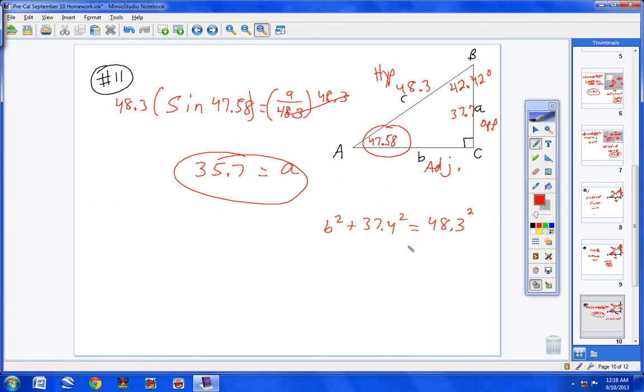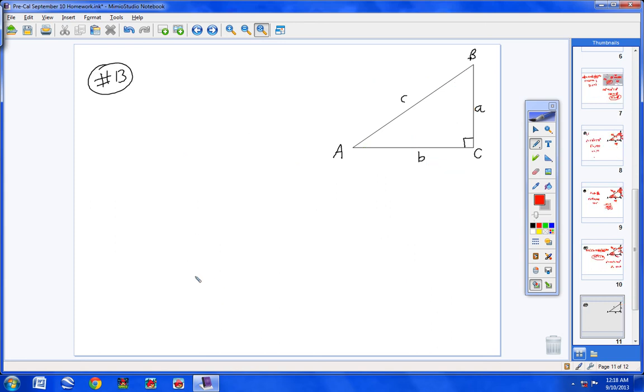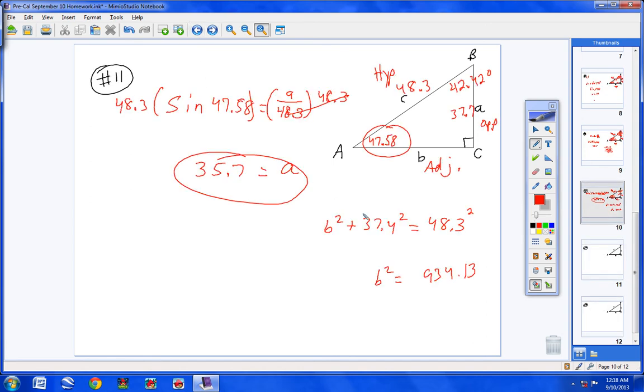And what I'm coming up with is b squared equals 934.13. And if you then take the square root of both sides, we are solving for b. And if you do that correctly, you will get 32.6. Actually, I'm getting 30.6. We could be off a little bit again because we did do some rounding here, but I'm getting b equals 30.6.